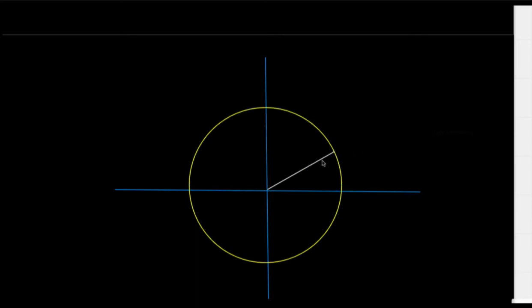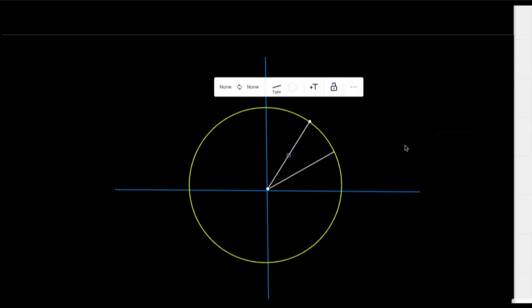Let me draw it with a white line. And another line is called Z2. Z2 is another complex number from the origin.